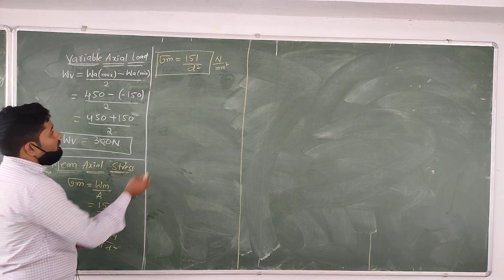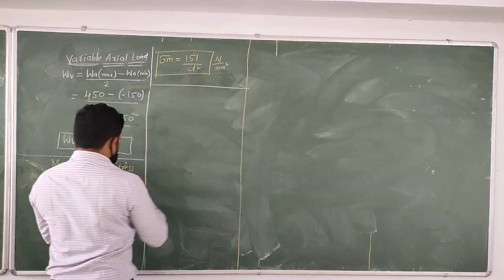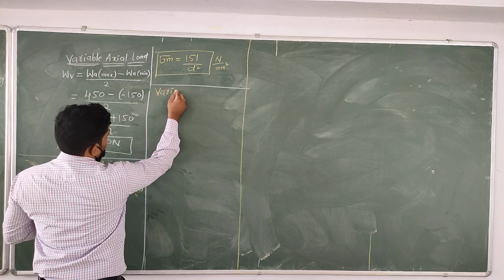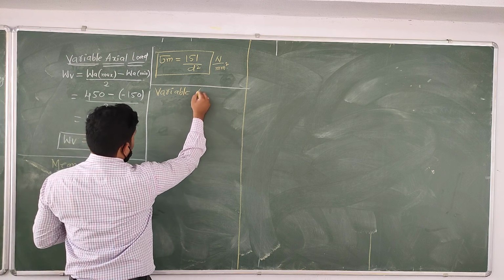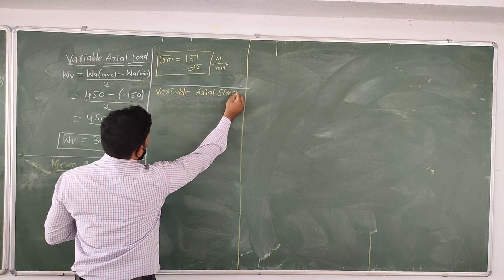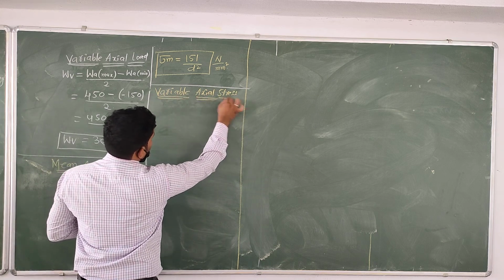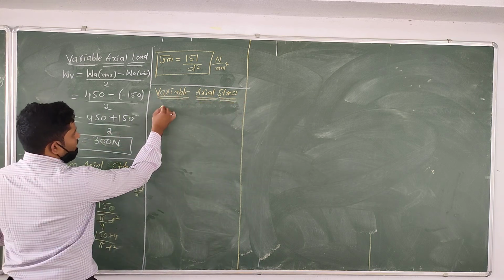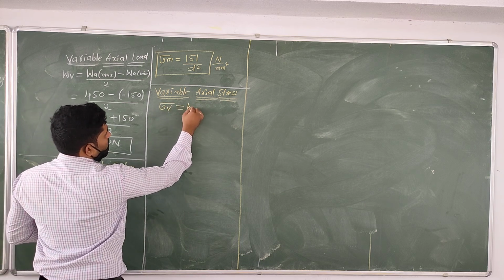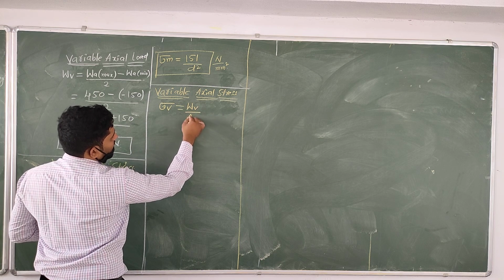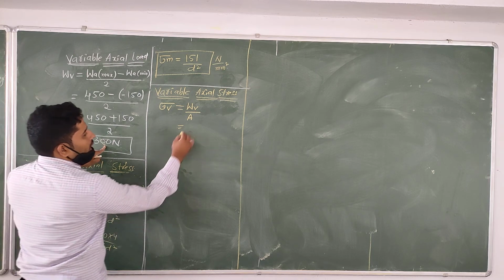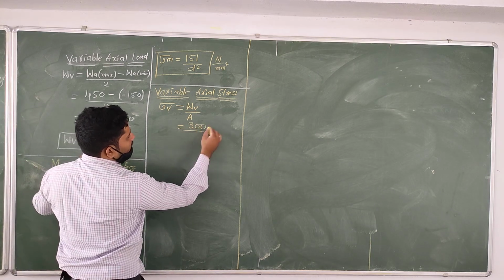If you want to find the variable axial stress, which formula do we have to use? Then we have to use the formula sigma v, variable stress, equal to Wv by total area A. Wv, how much did you get here? 300, by the total area of this specimen.